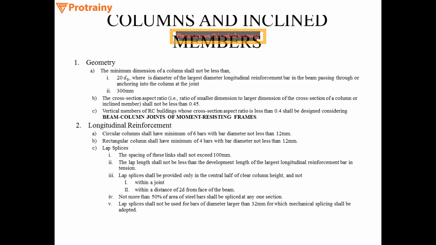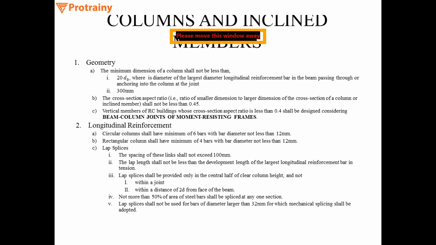And if the diameter of the bar is very high, at that time we can cross-check it with 20 times the bar diameter. This clause of 20 times the diameter of the bar is provided for the column because the reinforcement of the beam needs to go through the column only.